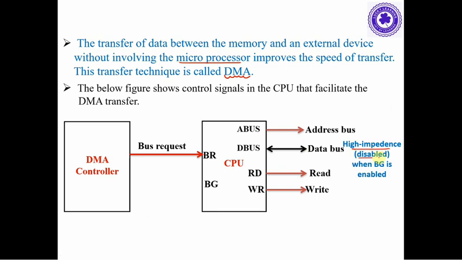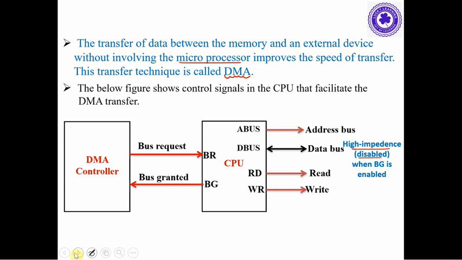It means those are disabled, and the CPU sends another control signal to the DMA, that is bus grant. It means the CPU informs the DMA controller that all the buses are relieved by the CPU. Now the DMA can take control of these buses to perform a direct transfer.